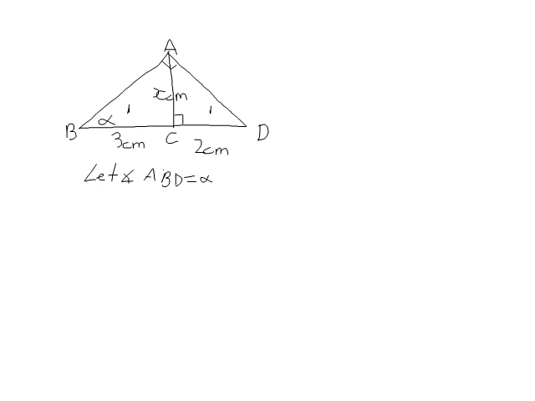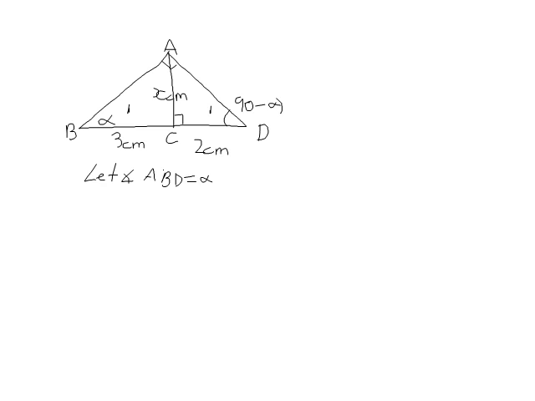Now there's a reason behind that. Because we have a right angle triangle, that means angle BDA, this one here, has to be 90 take alpha. Okay, because this one over here's alpha.